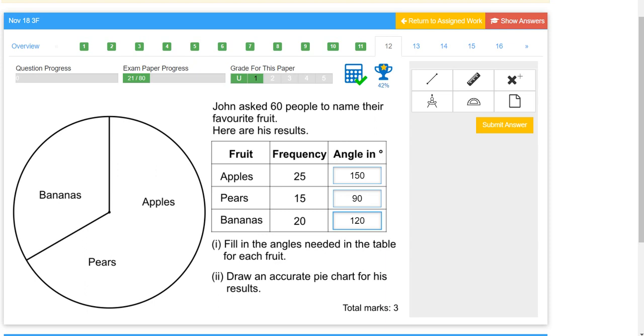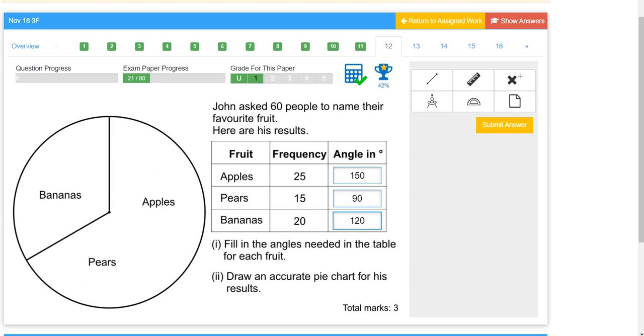Now, you might think, well, okay, I'm done there. But actually, it's always a really good thing to check my degrees: add them up, 150 plus 90 plus 120, and to be able to say, yes, that adds up to 360. So far, so good. But now I'm asked to draw the accurate pie chart.